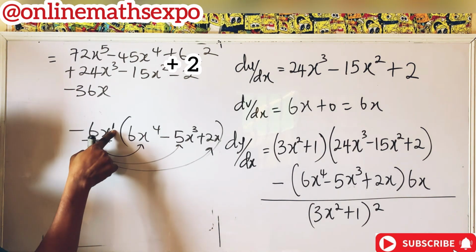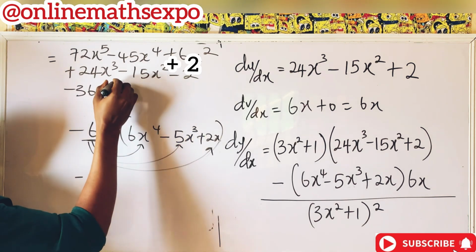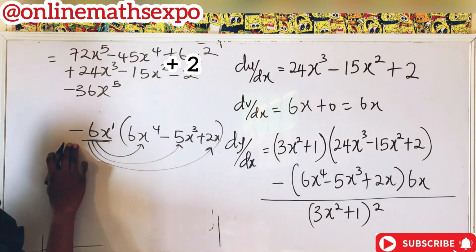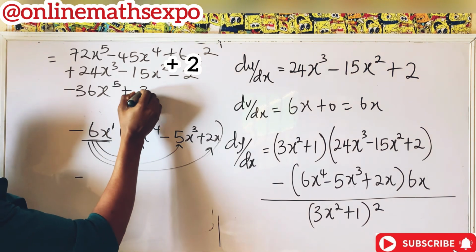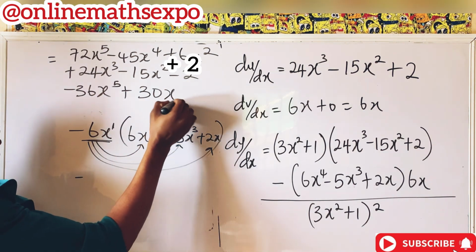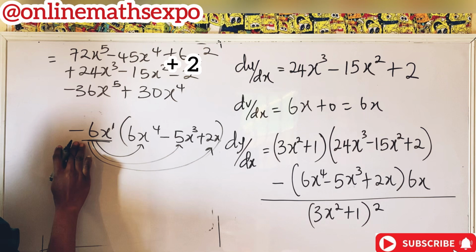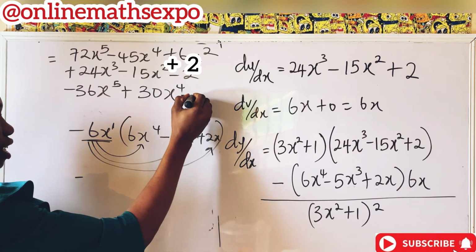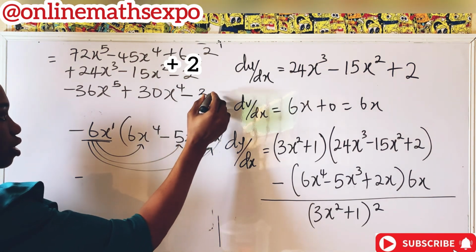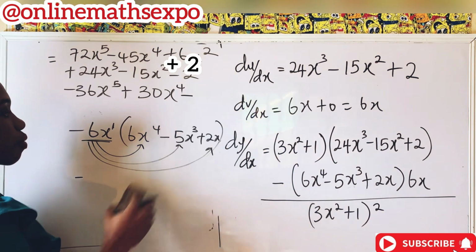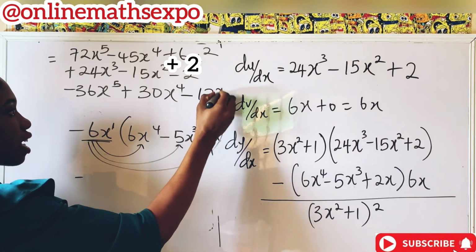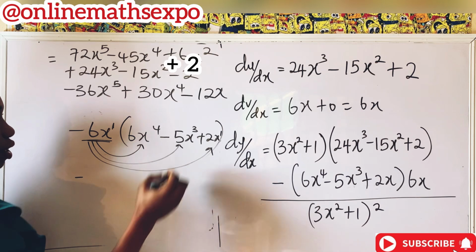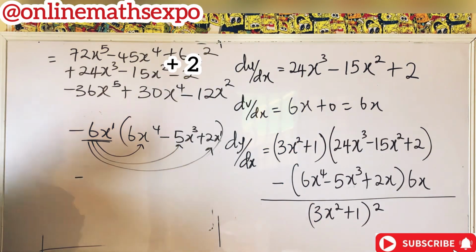Remember, this is having 1. So 1 plus 4 will give us 5. Use it on this, we have positive 30x to the power of 4. Then this multiplies this will give us negative 12. Then x to the power, here is having 1. So it will be x to the power of 2.